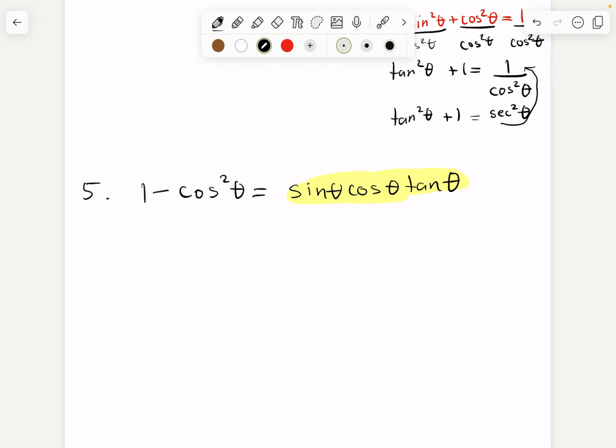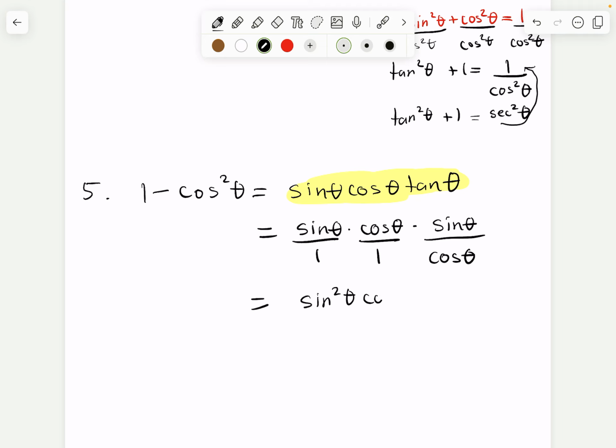So I'm like, okay. So we got sine times cosine times sine over cosine. You can think of all of these as having an over 1 and then multiply across. So you get sine squared of theta cosine of theta over cosine of theta.